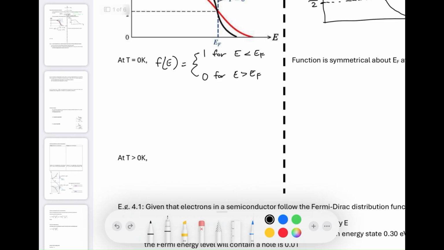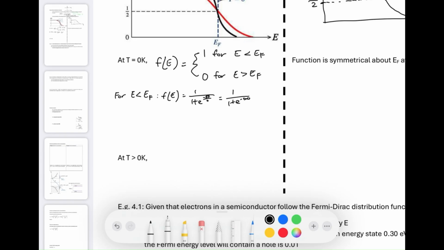For E smaller than EF, F(E) becomes 1 over 1 plus e to the power of some negative number over 0, which is 1 over 1 plus e to the power of negative infinity.